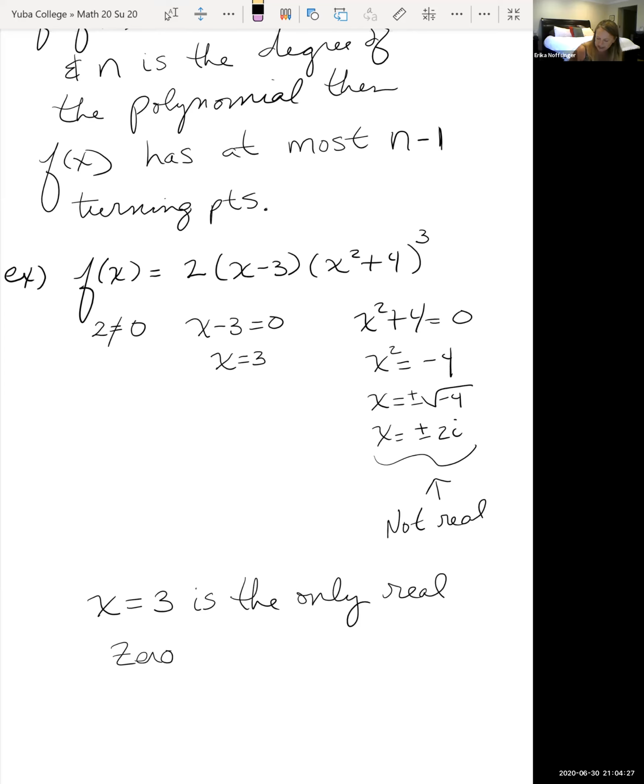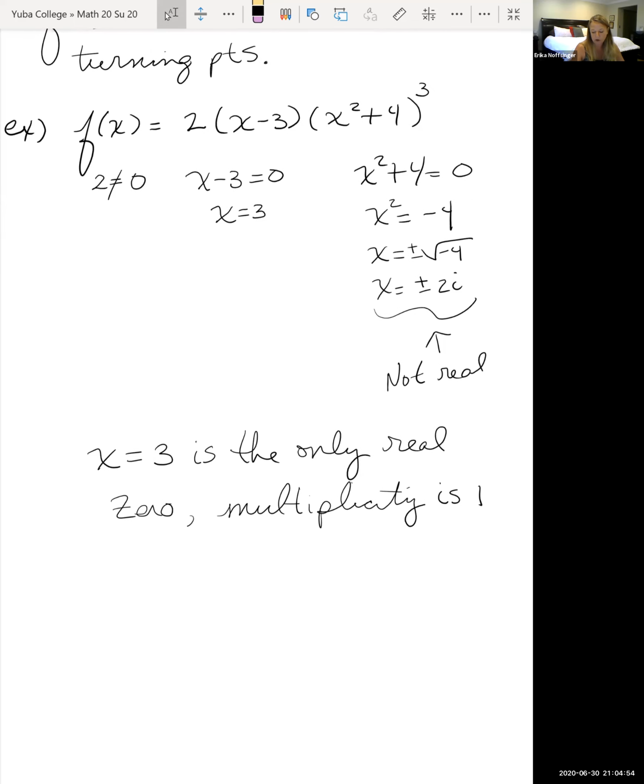And the multiplicity, usually I don't think you state it when it's 1, but that factor x minus 3 only occurs once. So the multiplicity of x equals 3 is 1. Now, determine whether the graph crosses or touches the x-axis at the x-intercept.